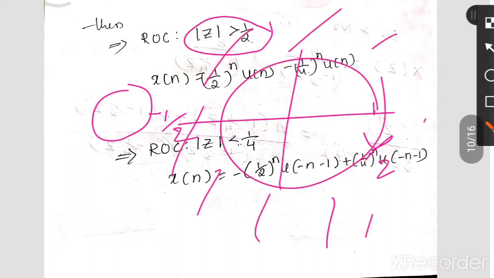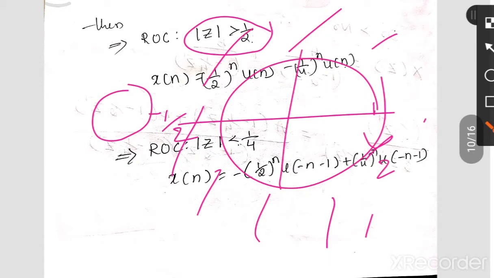Therefore in the entire z plane, the corresponding x(n) should be a right-sided sequence. Therefore the sequences corresponding to both the terms should be positive sided.